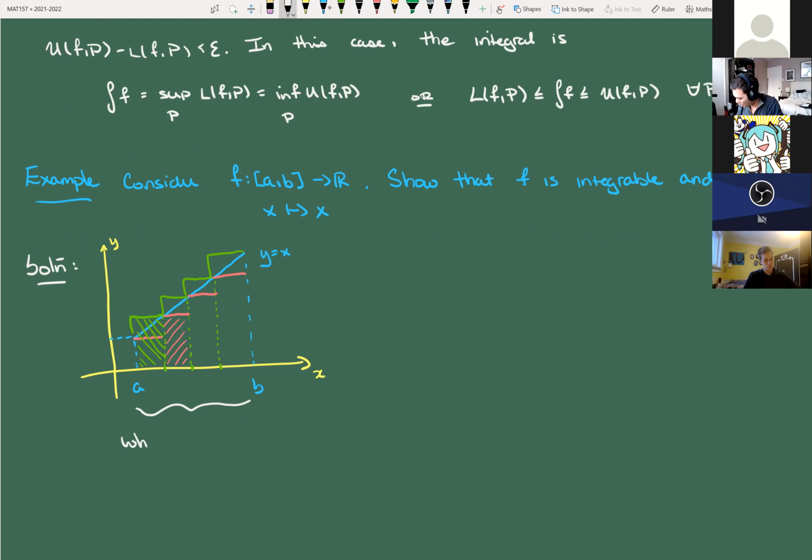So when we subtract green from red, maybe let me just do that like this. Green minus red. All right, the only thing that survives is the first red rectangle and the last green rectangle.